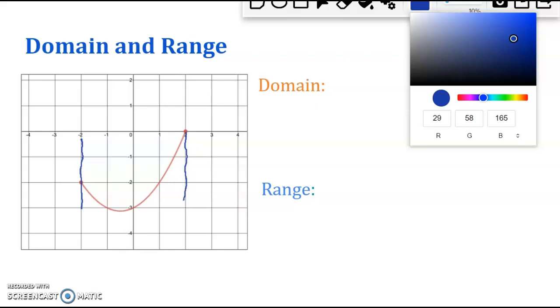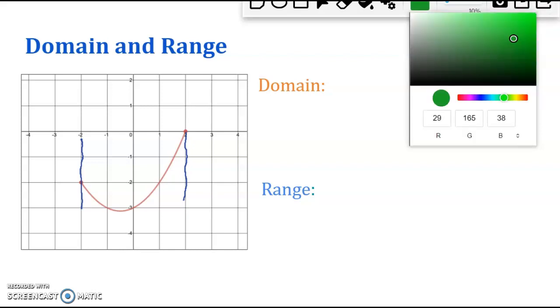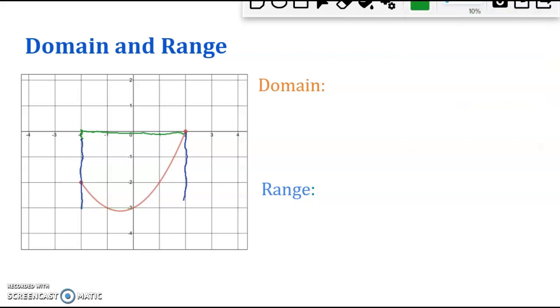Let's do it in green. The maximum is right here, and the minimum seems to be a little bit below. Actually, let me redo that because it didn't quite cover. It's a little bit below 3 and 0.